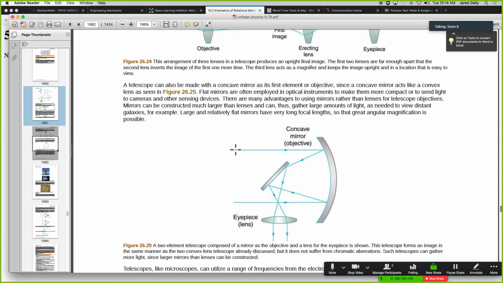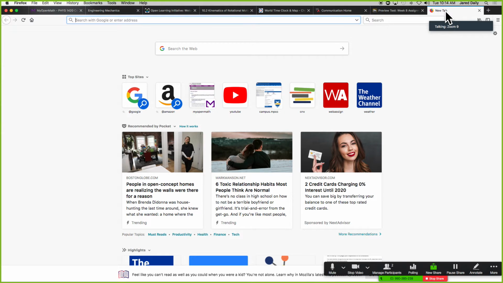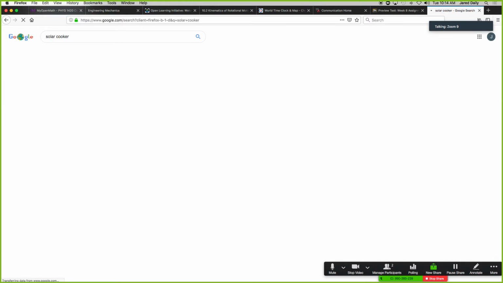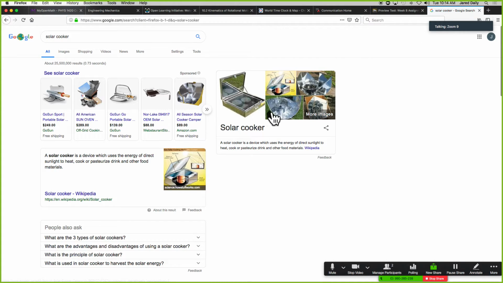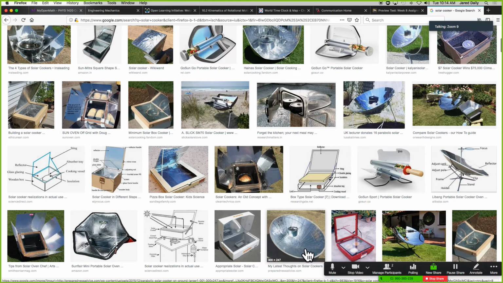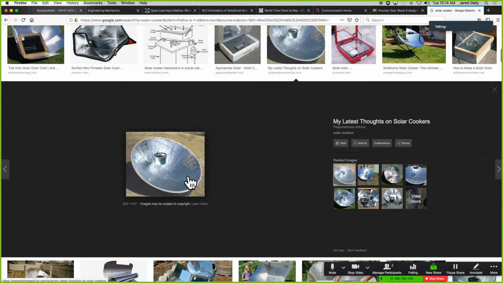And so they started using these. They're called solar cookers in general, and they all look very similar. This is most like the one that he invented. There you go. You have some kind of a parabolic or spherical mirror, and then you hang a pot at the focus.